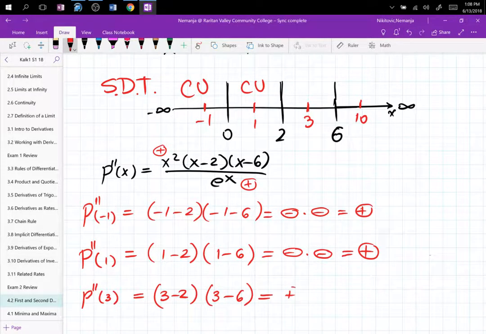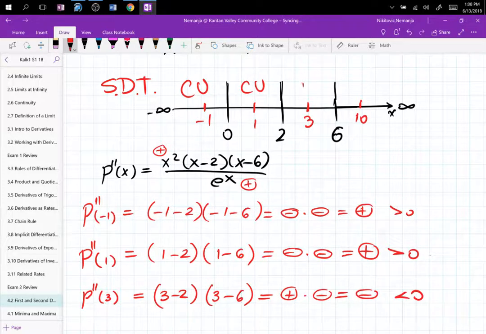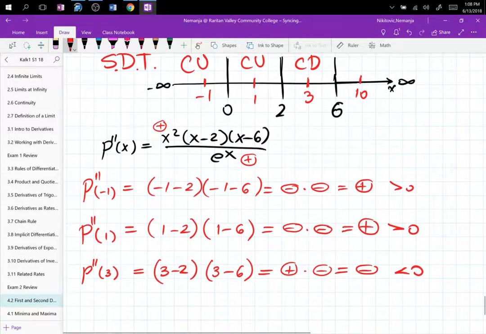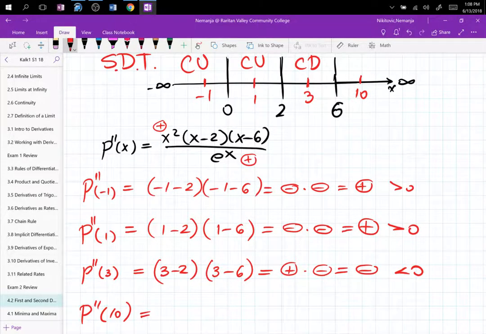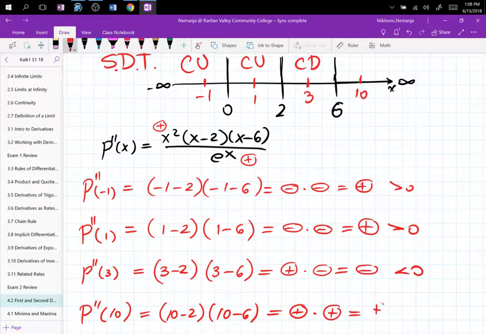And that's positive times negative, and that gives me a negative, which is less than 0, clearly. So that's concave down. And finally, second derivative computed at 10 is 10 minus 2, 10 minus 6. Both of these are positive. When you multiply two positive numbers, you get a positive. So concave up again.